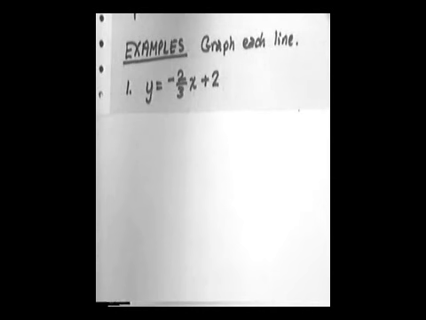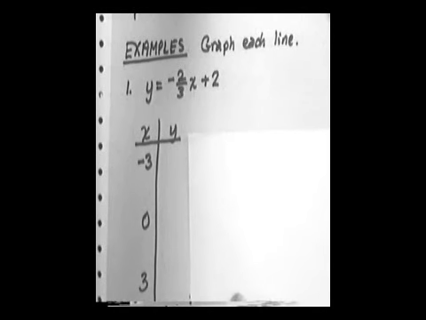I'm going to use negative 3, 0, and positive 3. Two points to determine the line, a third point to check. I like using negative and positive numbers because that means that the graph has some values to the left of the y-axis as well as to the right of the y-axis.